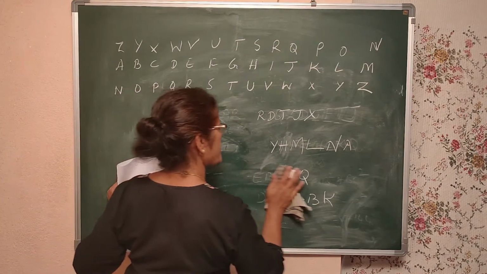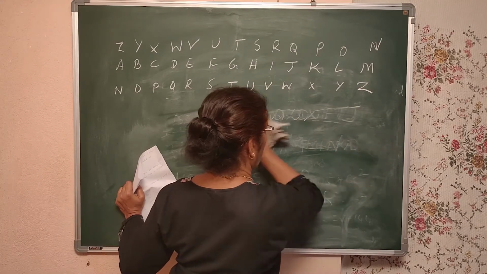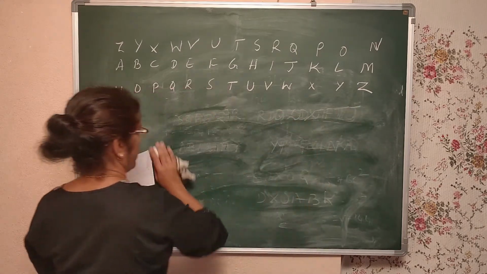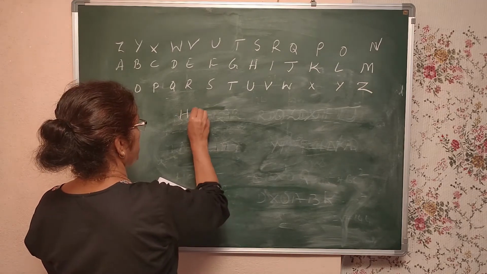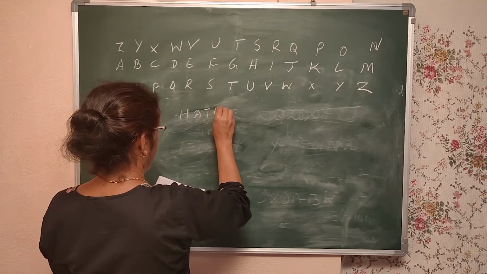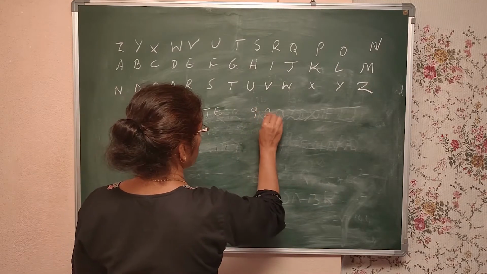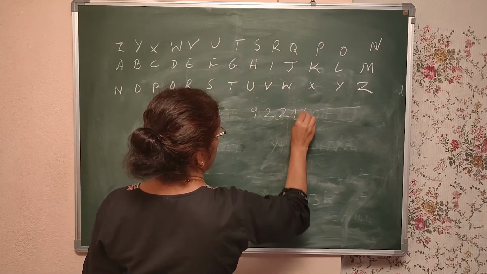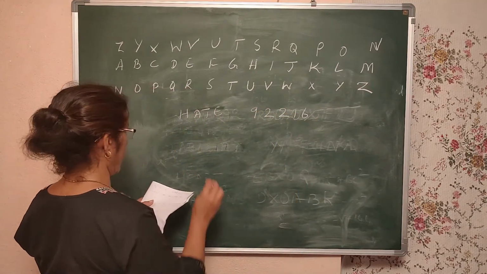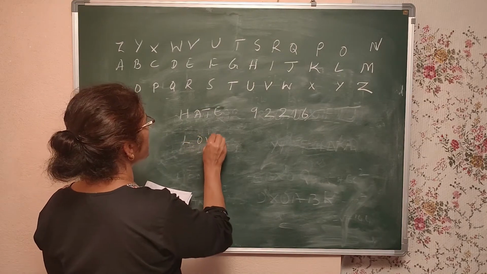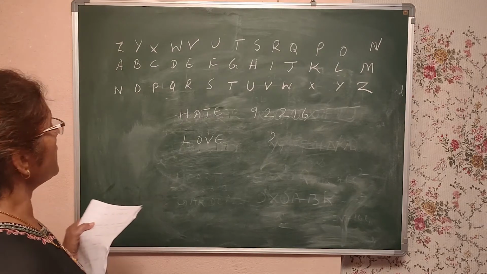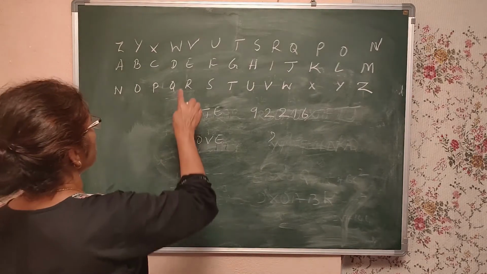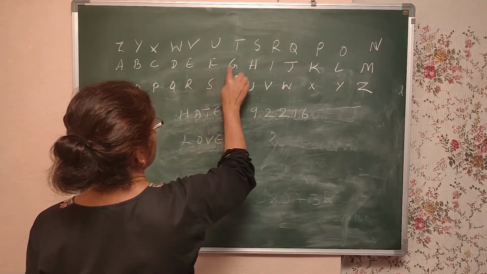All will not be the same type in coding, alphabetic coding or numeric coding. So, here, hate is coded as 92216, like this it is given. Then laugh can be coded as what? Hate, which letter? 5, 6, 7, 8.